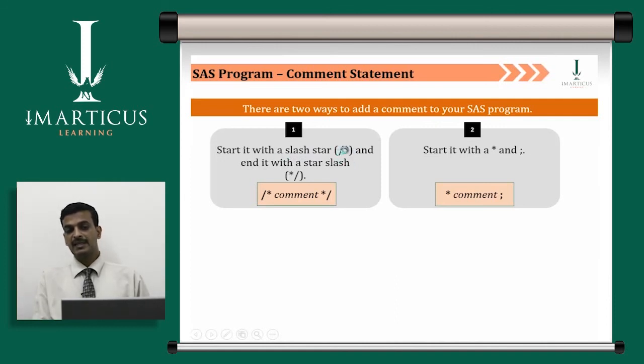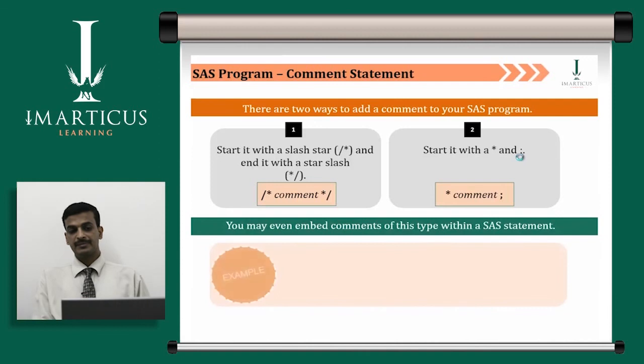We have a multi-line comment that begins with /* and ends with */, and we have a single line comment that starts with star and ends with semicolon. If your comment spans multiple lines, then it has to be embedded within /* and */. If it is a one line comment, then you just begin with star and end with semicolon. This way you can explain your program to others and they can easily understand your business logic.